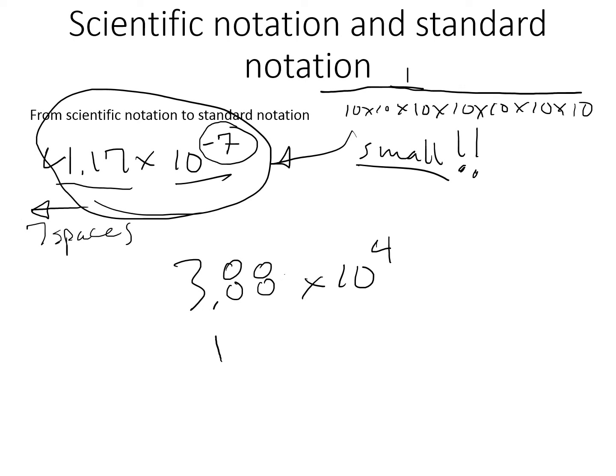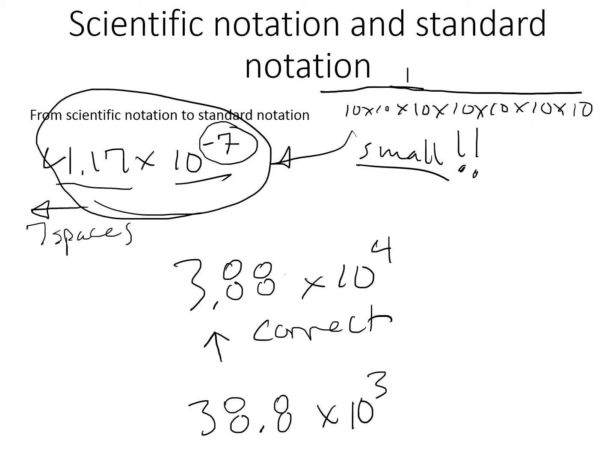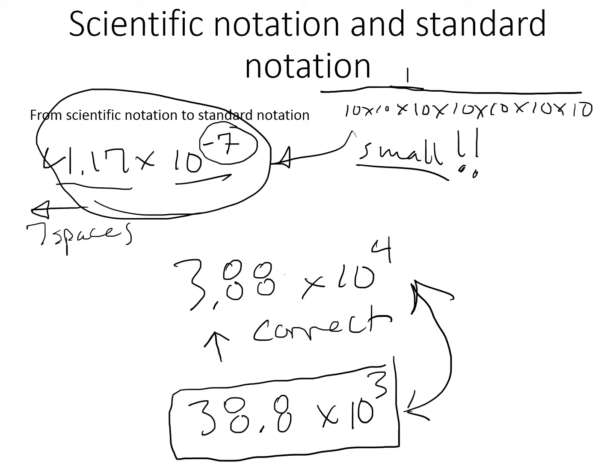Couple of things. The decimal point is always here. So this is correct. And 38.8 times 10 to the third. Now these two numbers, 38.8 times 10 to the third, is the same value as 3.88 times 10 to the fourth.